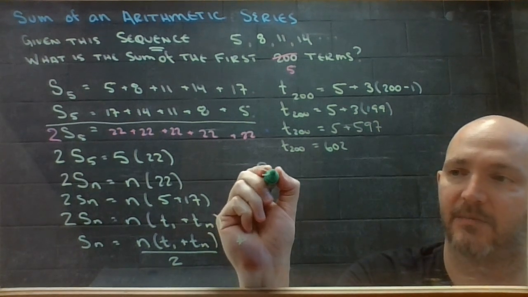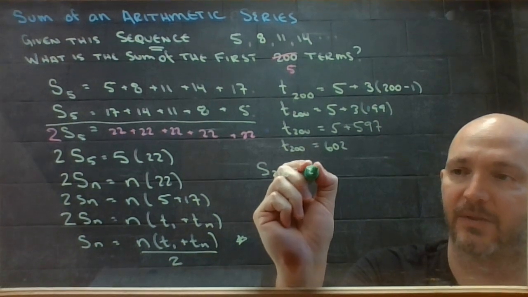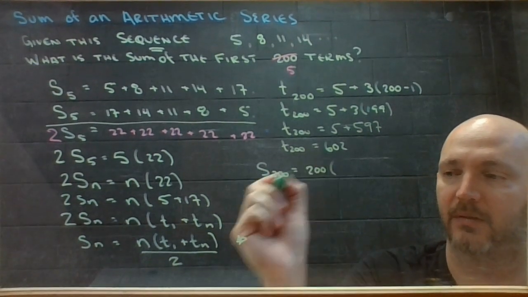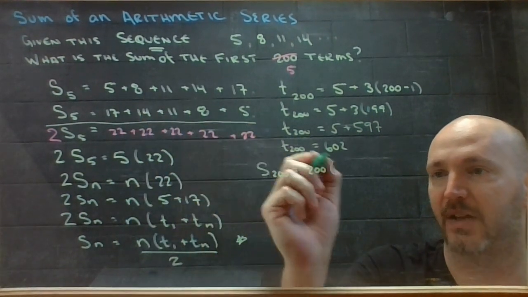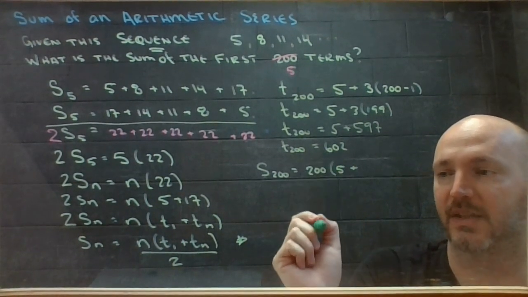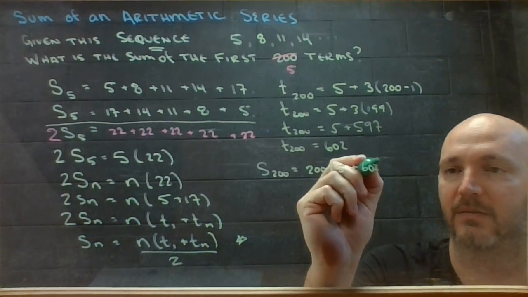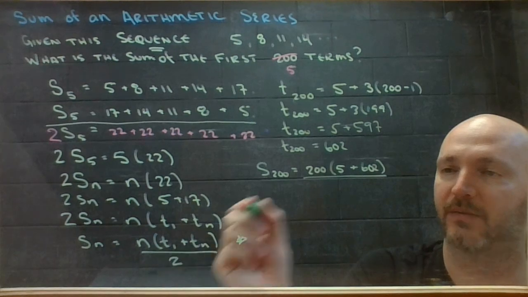Therefore, the sum of the first 200 terms would be 200, because there are 200 terms, times the first term, which was 5, plus the last term, which was 602, all divided by 2.